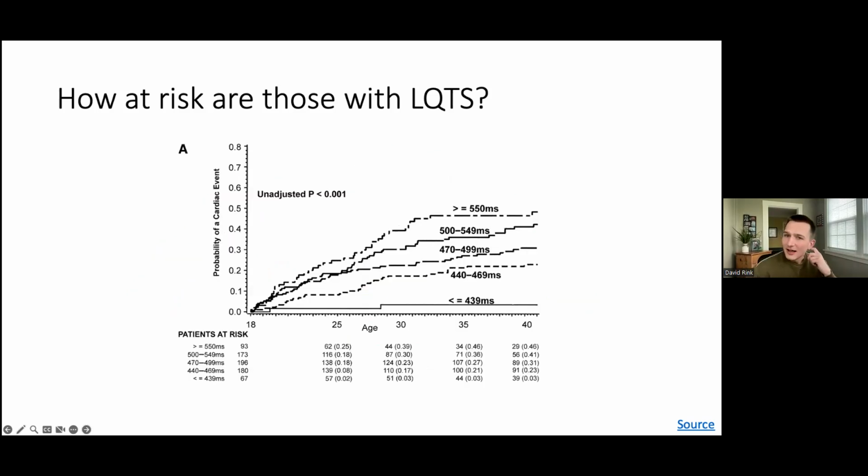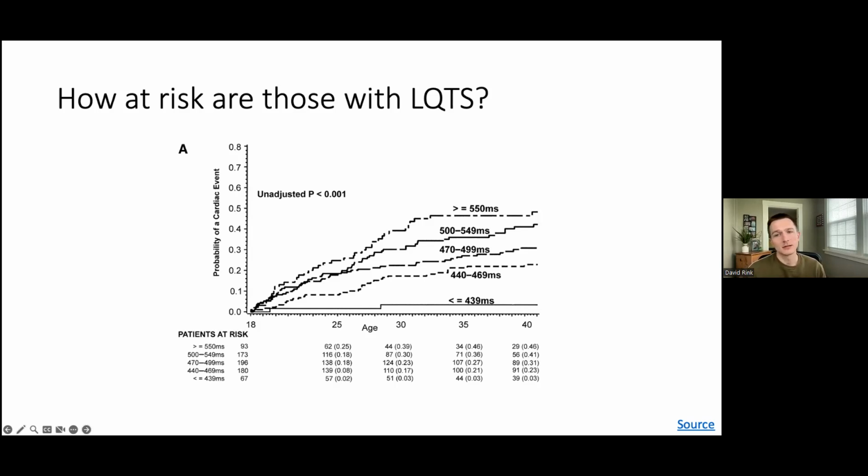Some of the data we have about risk for prolonged QT and torsades largely comes from populations with congenital or genetic long QT syndromes. So this was one study that looked at adult patients with known mutations associated with long QT, and these Kaplan-Meier curves demonstrate the estimated cumulative probability of any cardiac event, such as syncope, aborted cardiac arrest, or long QT syndrome-related sudden cardiac death.